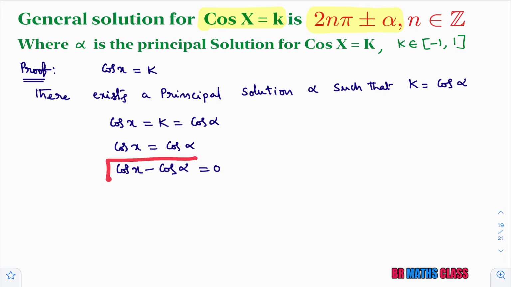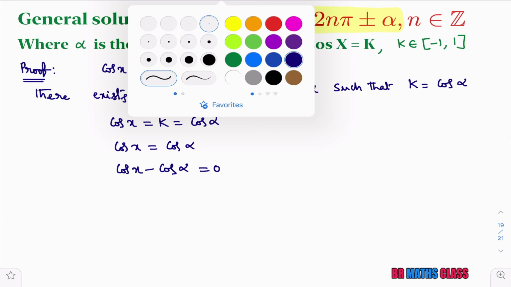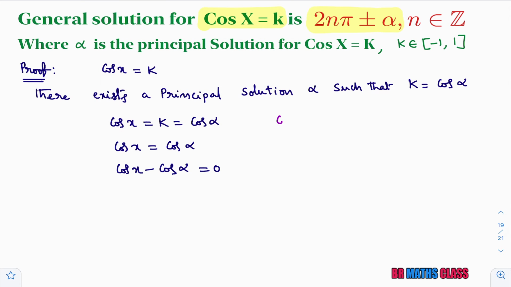This looks like cos C minus cos D. What is the formula for cos C minus cos D? The formula for cos C minus cos D is -2 sin((C+D)/2) into sin((C-D)/2).